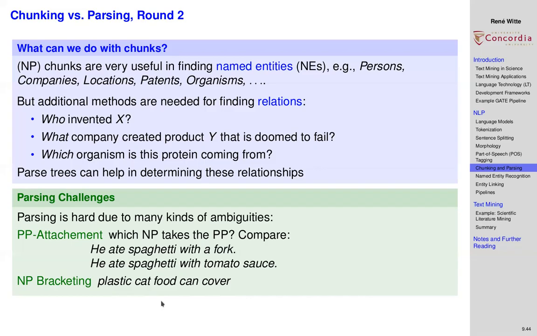This is the most likely understanding of this phrase. But if you run this through a system, you can see that you can interpret this in dozens of different ways. It could be a plastic cat or plastic cat food. Plastic cat food that can cover something else. There are lots of different ways of grouping this together. And again, it's quite difficult in general to find out what's the correct solution.